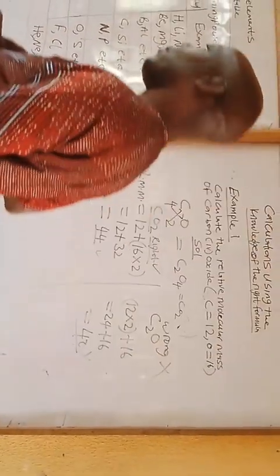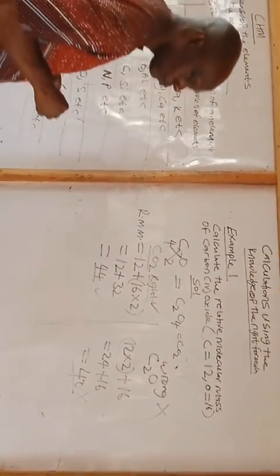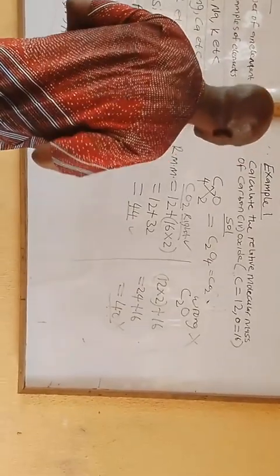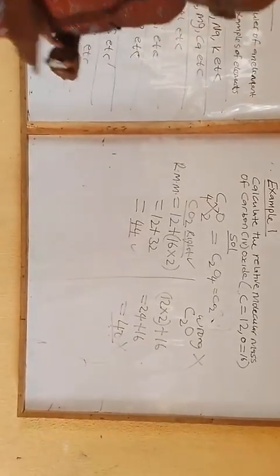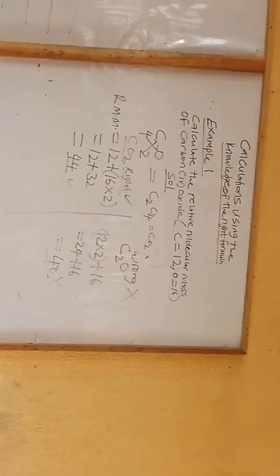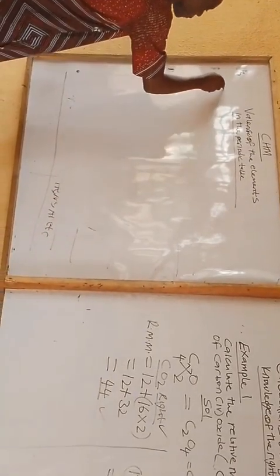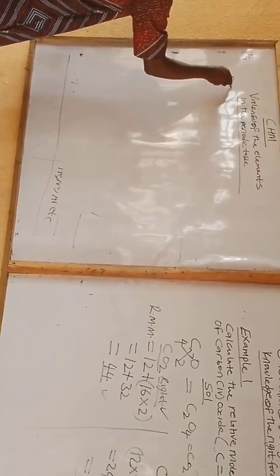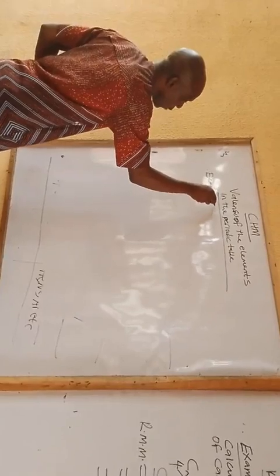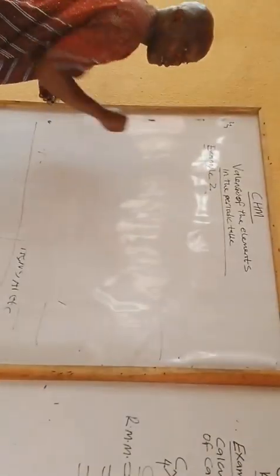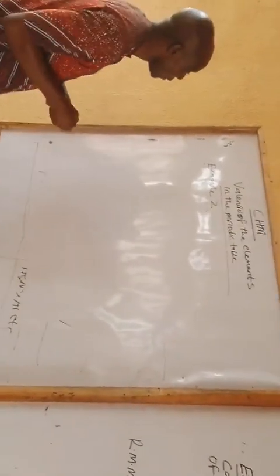Let's take more examples. Example 2. We look at the right formula and the wrong formula and the implication of their results after the calculation.